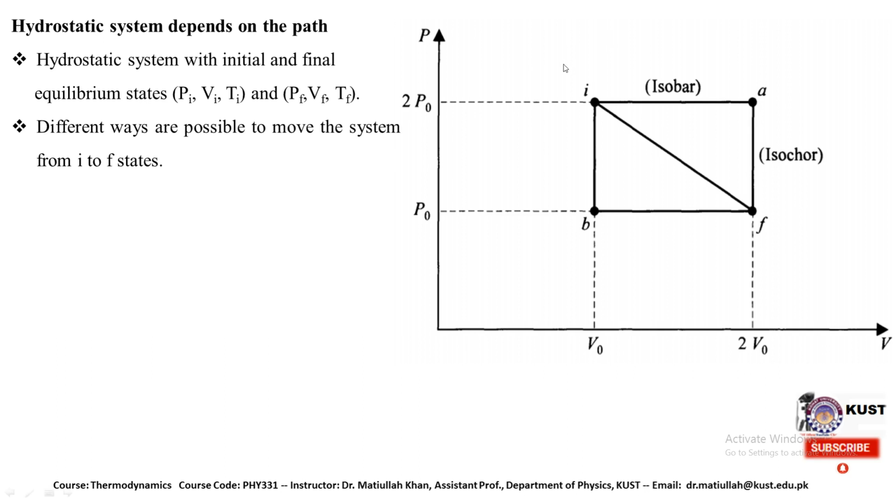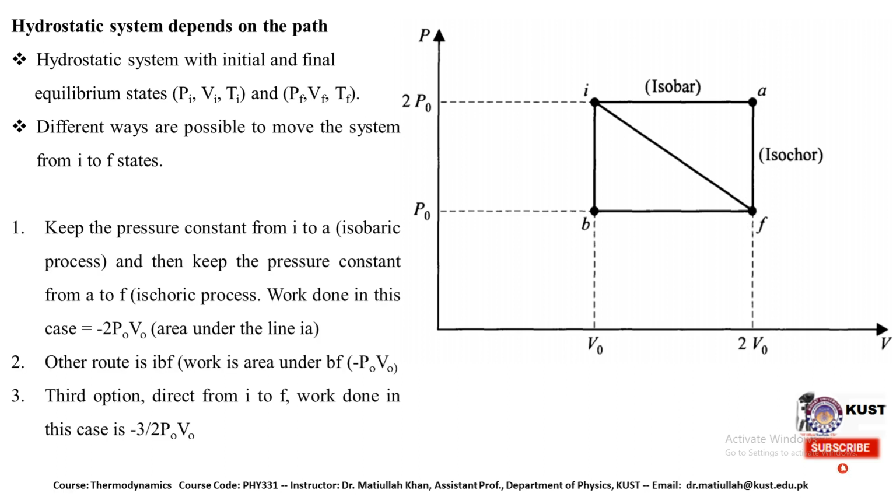The configuration of the system at the initial position I can be described by PI, VI, and TI, and the system at the final position could be described by the thermodynamic coordinates PF, VF, and TF.